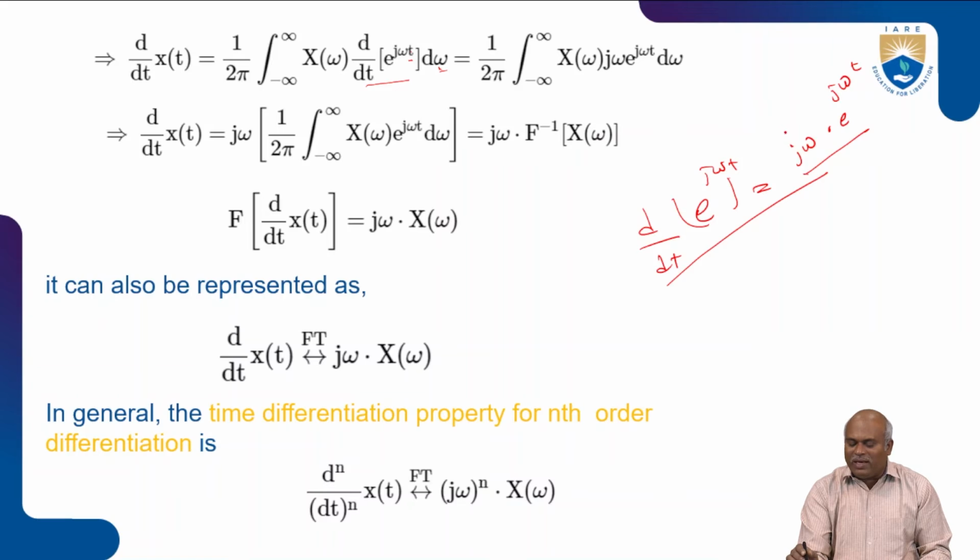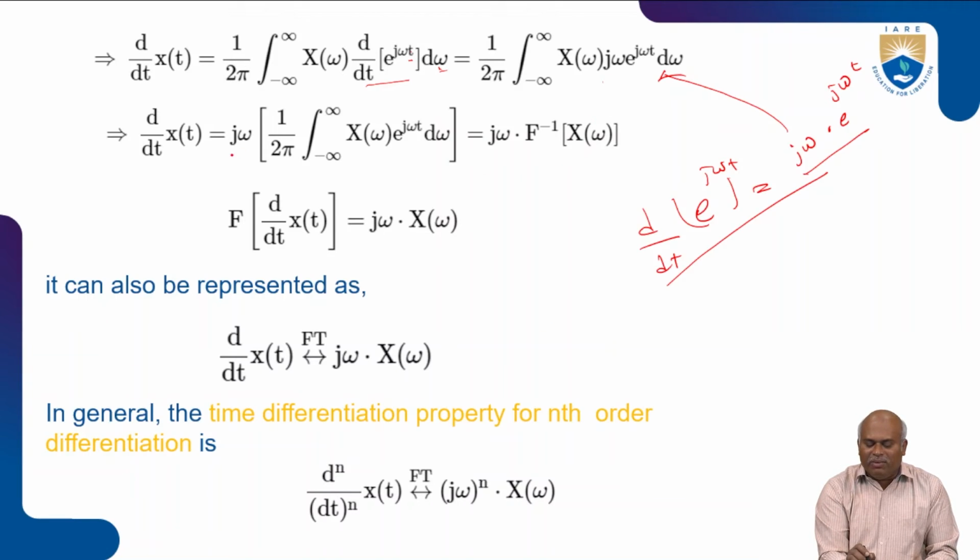You should substitute it here. So that is 1/2π ∫ from −∞ to +∞ of X(ω) jω e^(jωt) dω. Now this jω we take out. The remaining thing is 1/2π ∫ from −∞ to +∞ of X(ω) e^(jωt) dω.